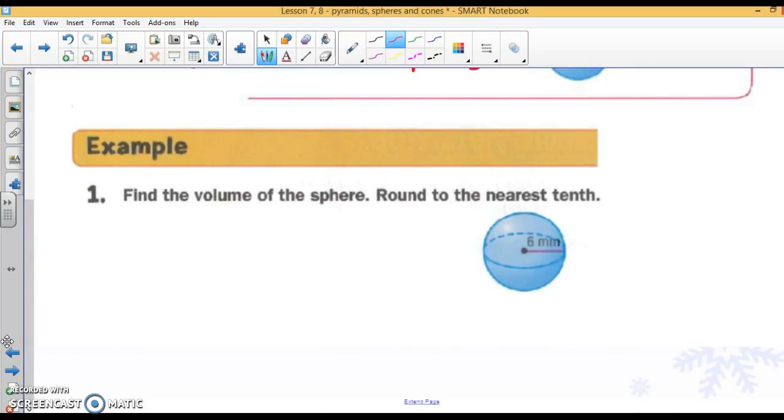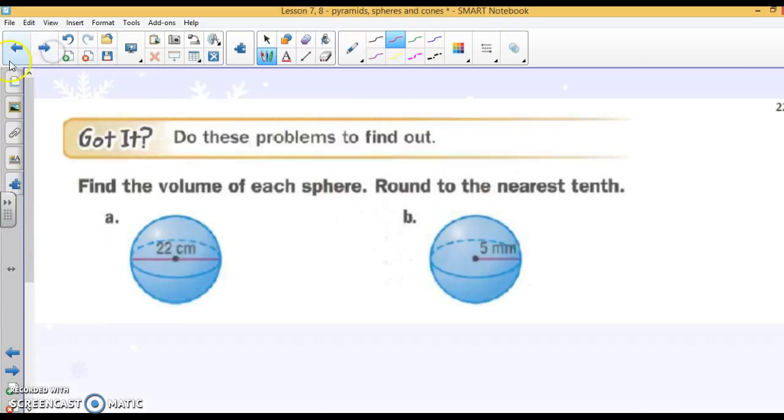Let me see the next one. We're going to do this one. Find the volume of the sphere. So our formula for volume is 4/3 pi r cubed. So volume is 4/3.